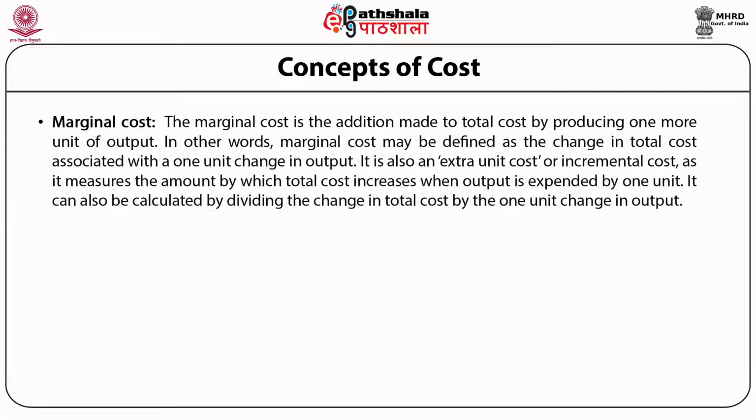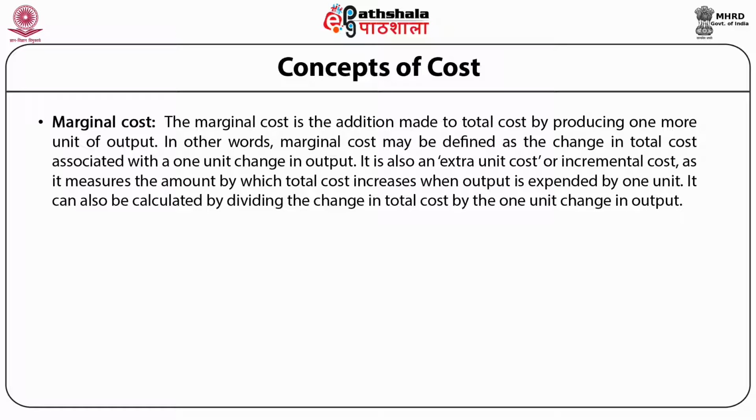Marginal cost. The marginal cost is the addition made to total cost by producing one more unit of output. In other words, marginal cost may be defined as the change in total cost associated with a one unit change in output. It is also an extra unit cost or incremental cost, as it measures the amount by which total cost increases when output is expanded by 1 unit.